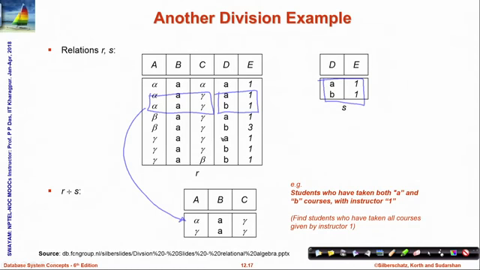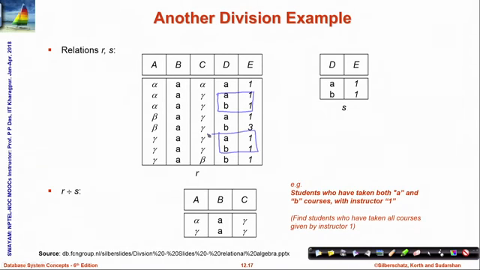If I look in here, this tuple will go into the result. But if I consider this tuple beta a gamma, which has a 1 over d e, but beta a gamma does not have b 1, it has b 3. So, it will not go into the result. Conceptually, that is the reason this is called a division. You get this here, you get this here.